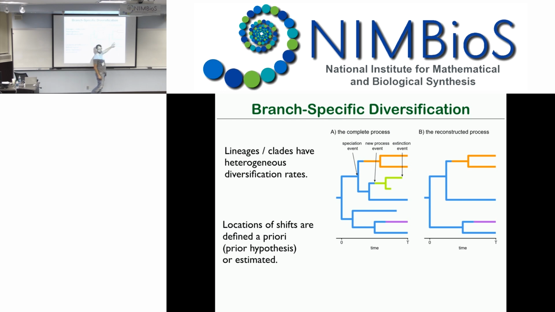One of the problems that we have under this process is that this rate shift event we didn't really observe, or we don't have in our reconstructed process. But if we specify this as our forward in time process, we always specify an exponentially distributed waiting time until there's a speciation event, until there's an extinction event, but also until there's a rate shift event.